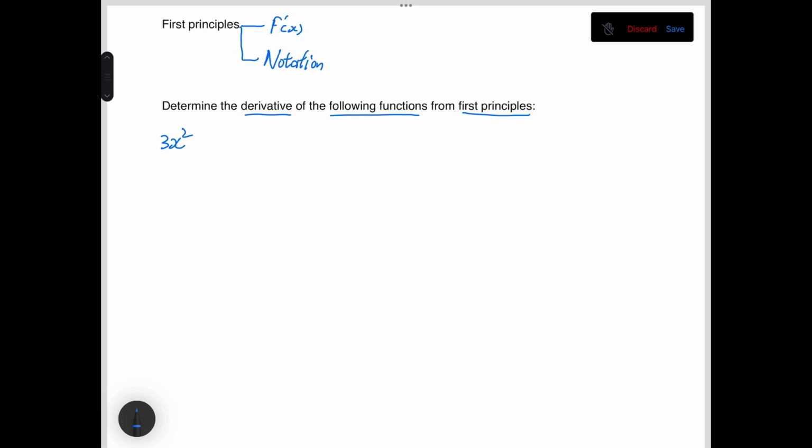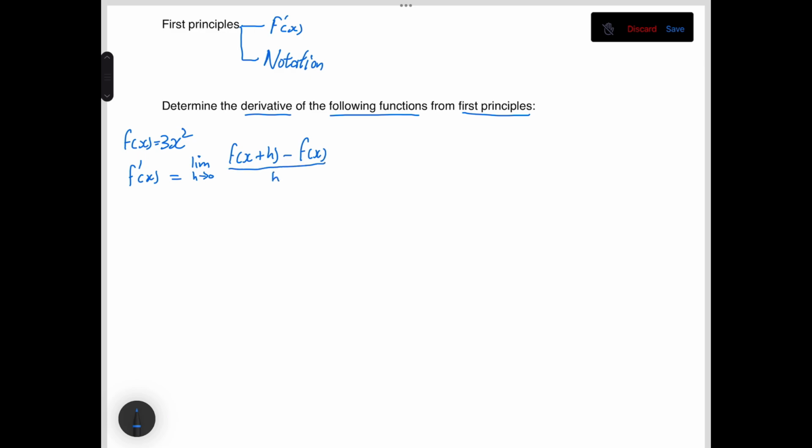Okay, so currently this is what we have. We're going to use first principles to simplify and solve this. It's limits where h strives towards 0, and then the formula is f of x plus h minus f of x, over h.